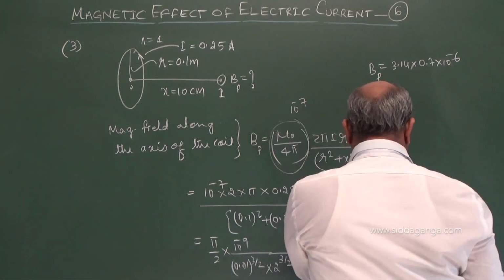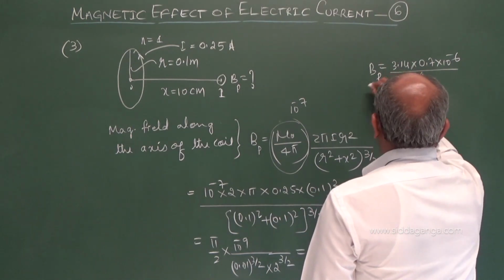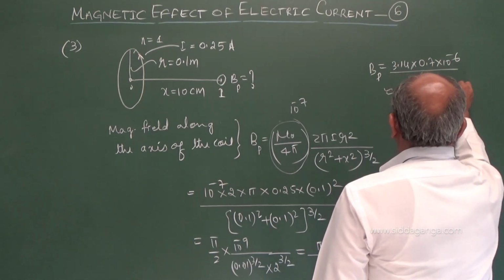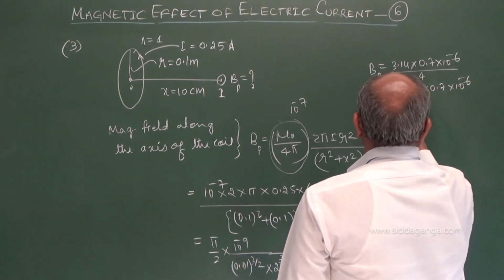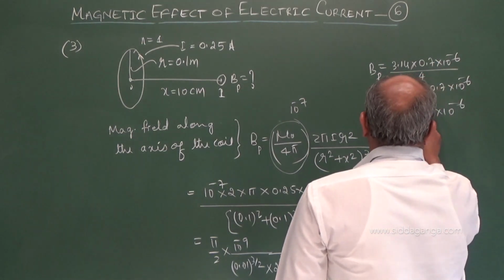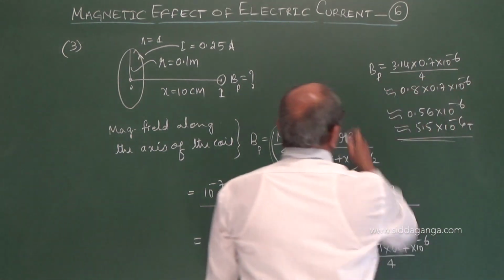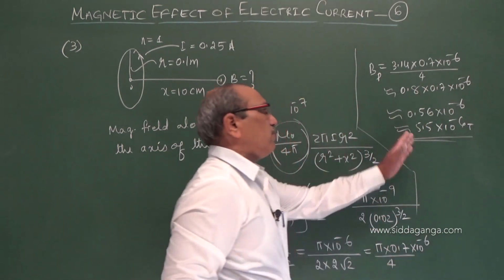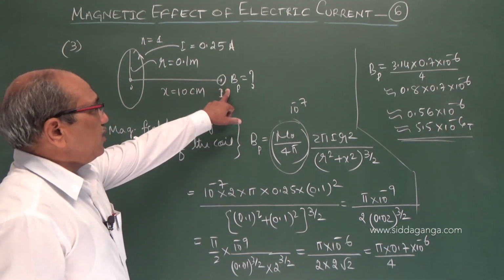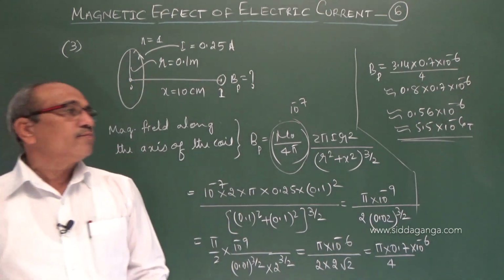Approximating 3.14 divided by 4 as 0.8, into 0.7 into 10 power minus 6, or 0.56 into 10 power minus 6, or 5.5 into 10 power minus 6 Tesla. I have given an approximation without the calculator. You will get a near value. The simplification is shown. If they ask the value at a point P, the magnetic field produced by a circular coil carrying current.